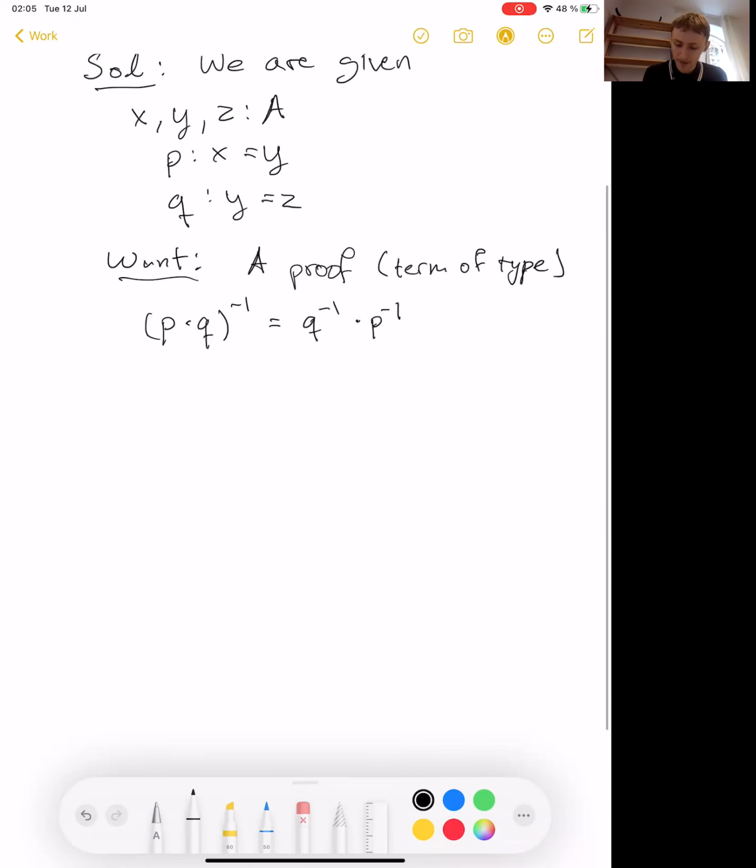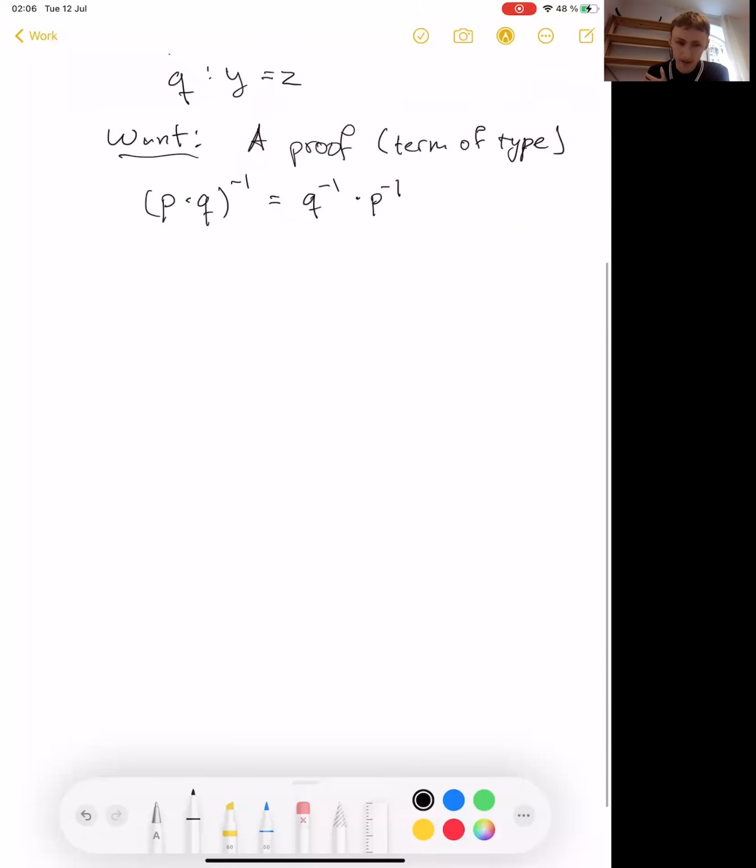And in particular, we have a path P from X to Y. Well, whenever we have a path between 2 different points, or an identity proof, an identification, I should say, I think is the terminology they used, we should immediately see that, wow, this is a perfect opportunity to apply identity elimination or path induction. So that's going to be our solution.